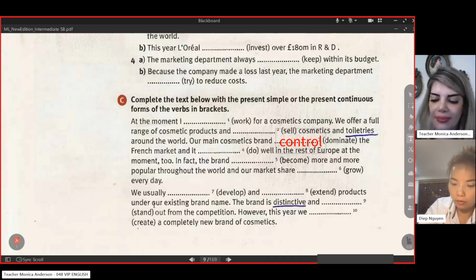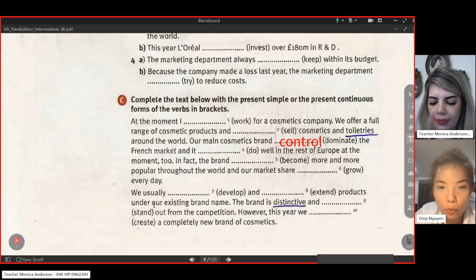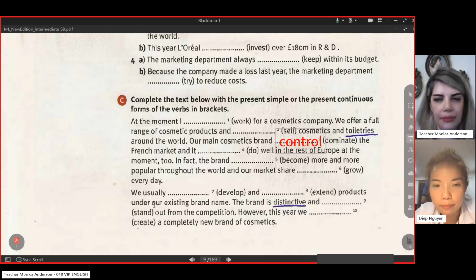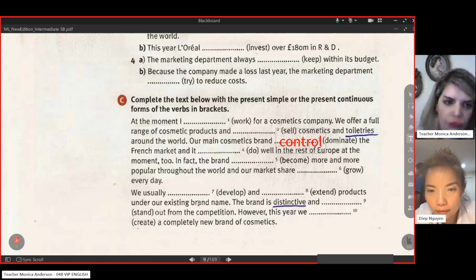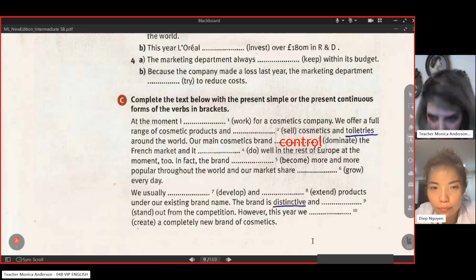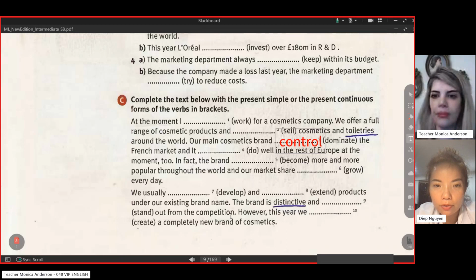We usually develop and extend products under our existing brand name. The brand is distinctive.